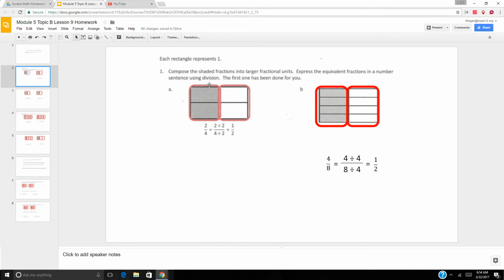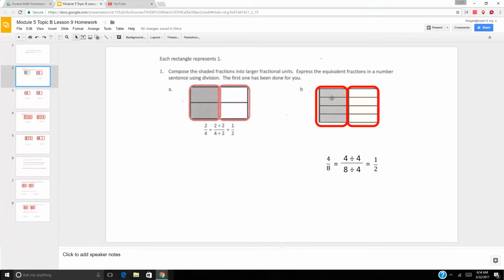But if we divide it into two fractional units instead of 4, that's 2 divided by 2 and 4 divided by 2. So it actually turns into 1/2. See, there are two sections now, and only one is shaded.